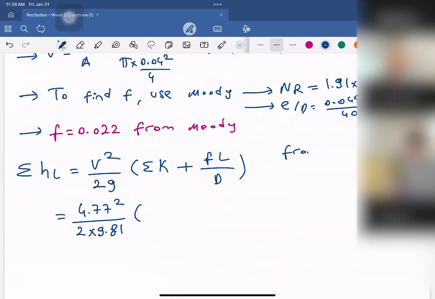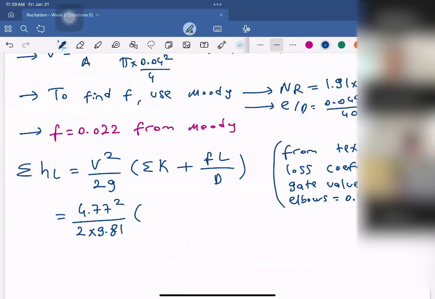And from the textbook, those coefficients are given as, for gate, 0.15 and for elbows 0.17.